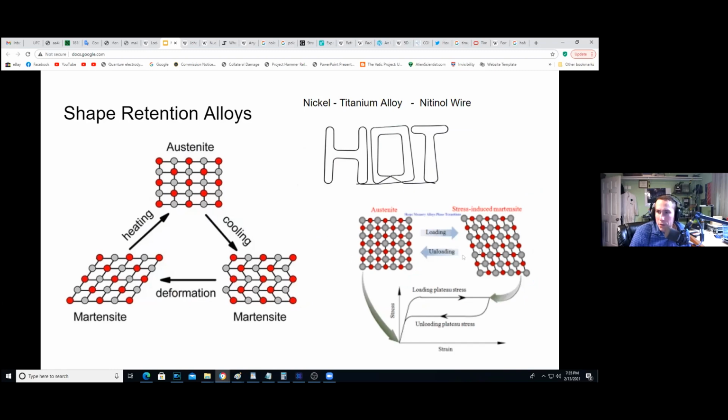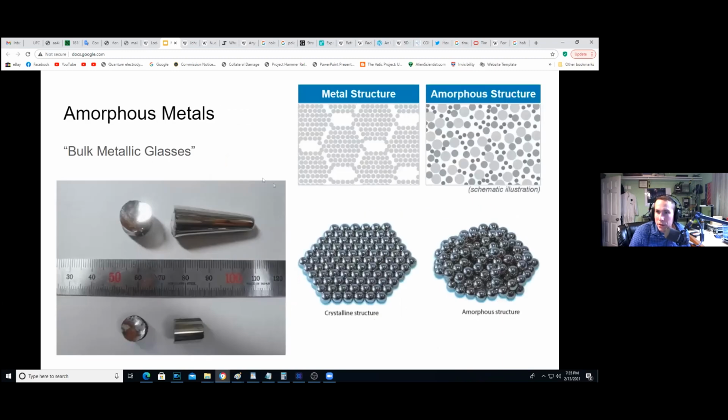And it deals with these austenite and martensite phases and how it can deform and go back into phase. It's interesting because it's all about how certain molecules and certain types of atoms link together on this fundamental level.